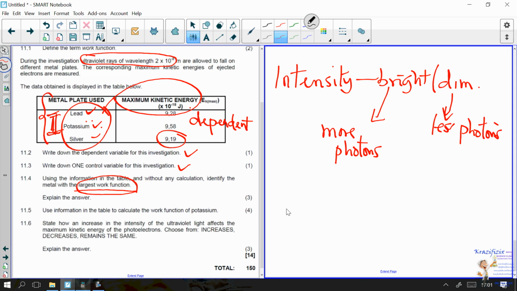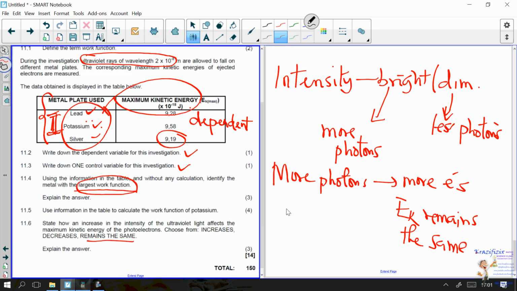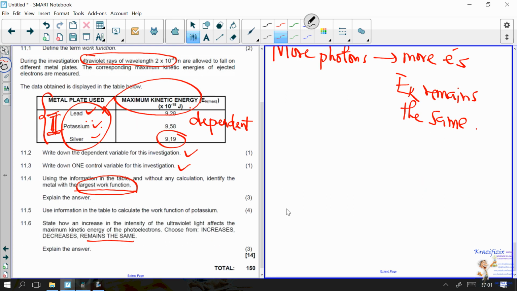One thing I need us to quickly remember is this. If there are more photons, it will eject more electrons. Kinetic energy remains the same. So what's my answer to this question? Remains the same, because they asked how this will affect the maximum kinetic energy. It doesn't affect the maximum kinetic energy.